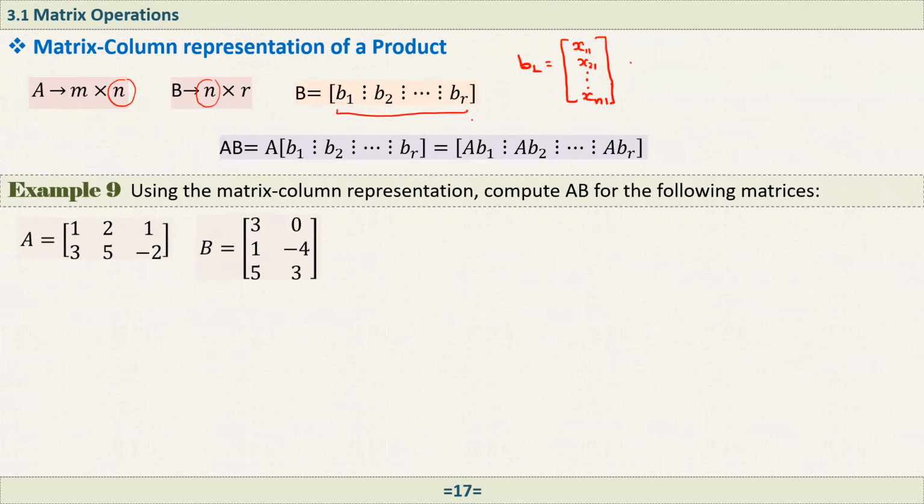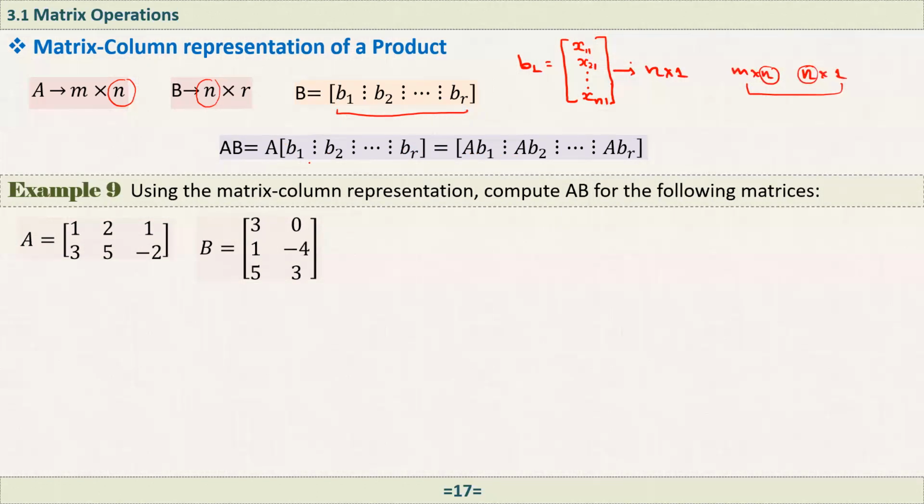Now the size of this matrix is n by 1, and the size of A is m by n. So m by n is multiplied by n by 1. The n's are the same, and the product matrix will have the size m by 1. That means I can multiply A by B1, A by B2, and so on.